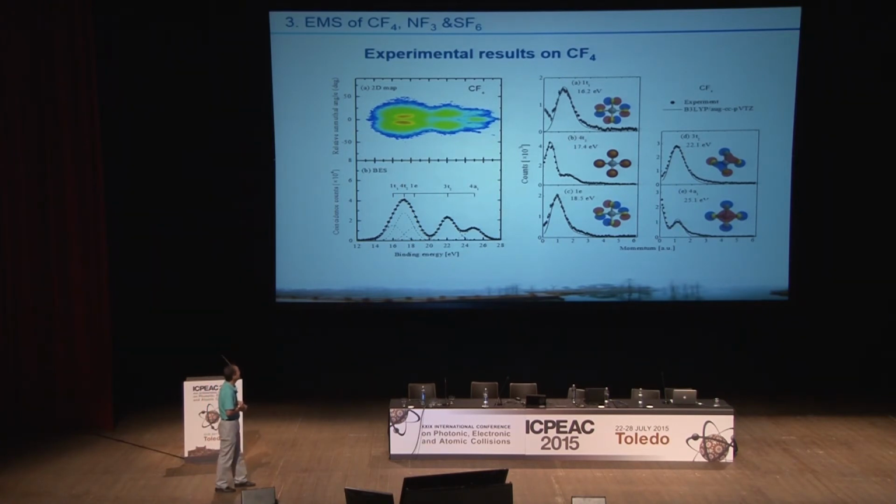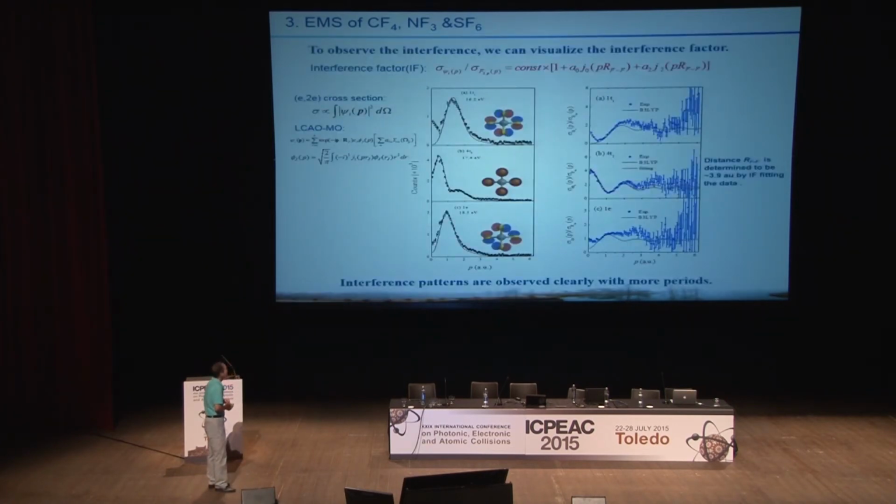So, in order to observe the interference, we can visualize the interference factor. This picture shows the interference factor. One can see the interference patterns are observed clearly with more periods.